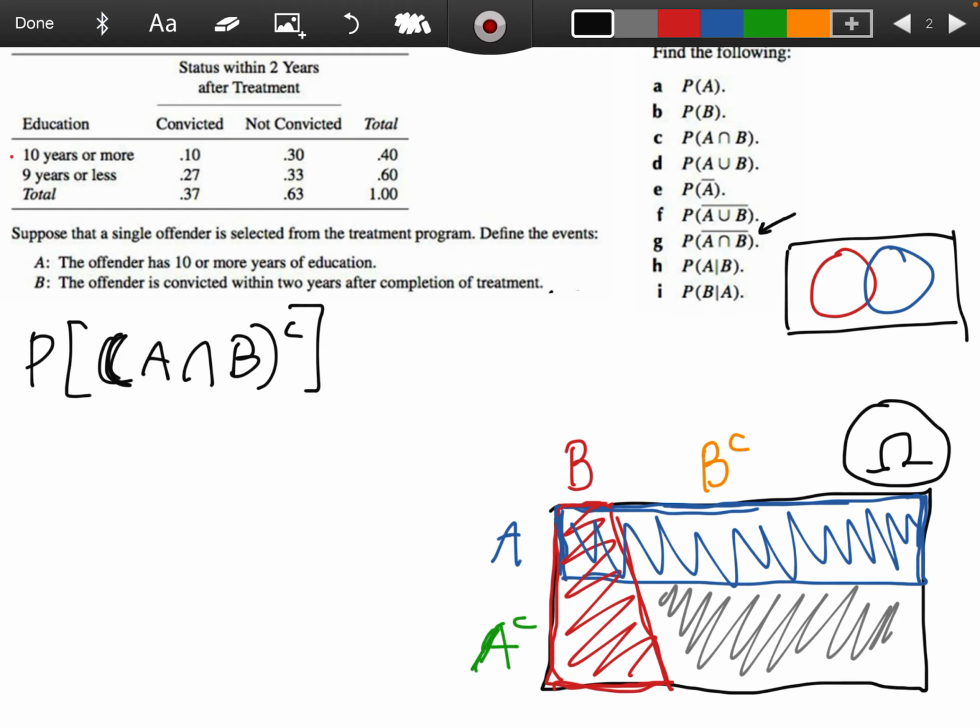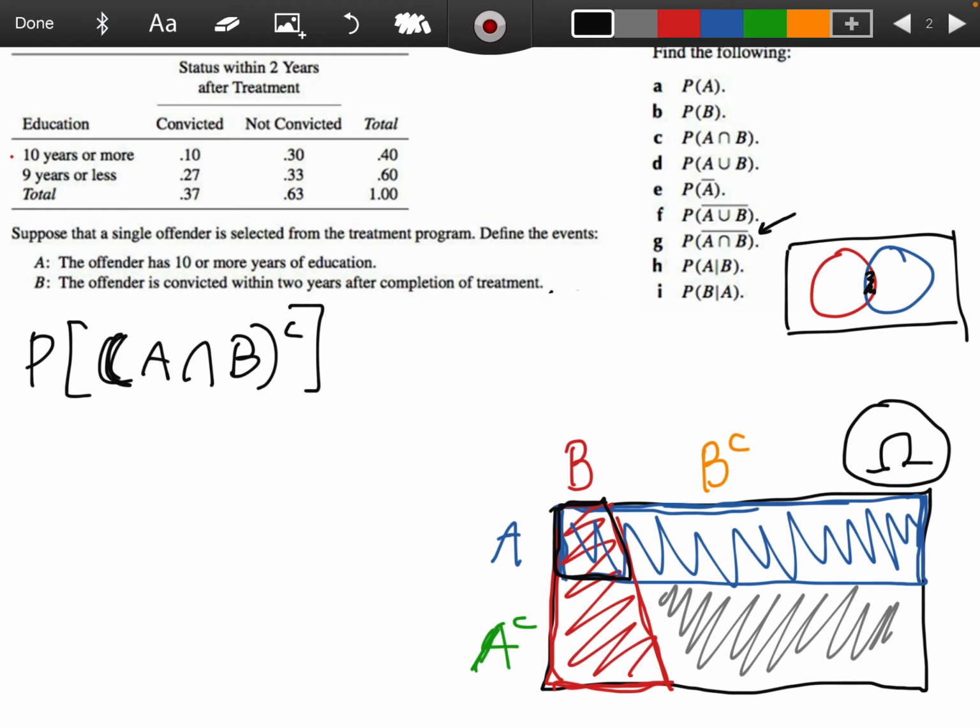And so, in the upper simple Venn diagram, there's the intersection. So anything that's not in that intersection would be the complement of the intersection AB. And so in the one below, where's the intersection of A and B? It's the part with the blue and red, which is corresponding to that 0.10.